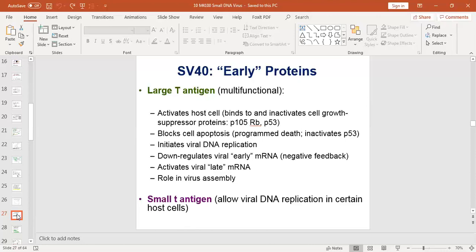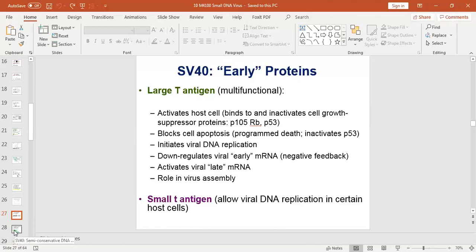Once the genome is replicated and viral capsid proteins, the structural proteins, are made, it helps them, through specific interactions, assemble and form virions. Small T antigen, whereas, is not multifunctional; it allows viral DNA replication in certain host cells.